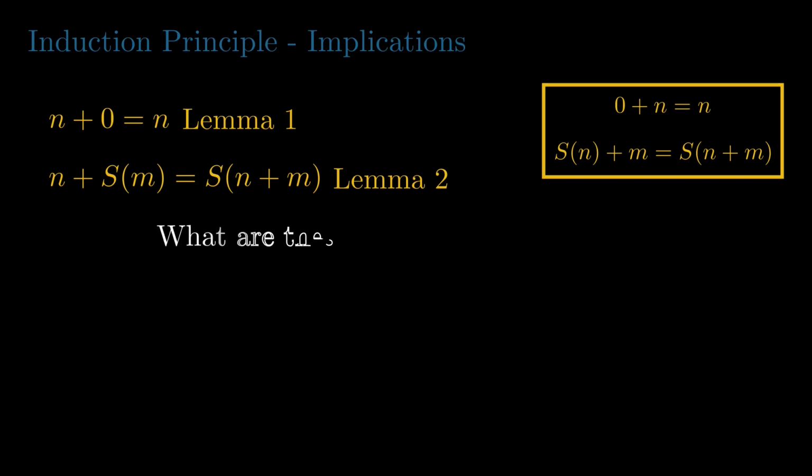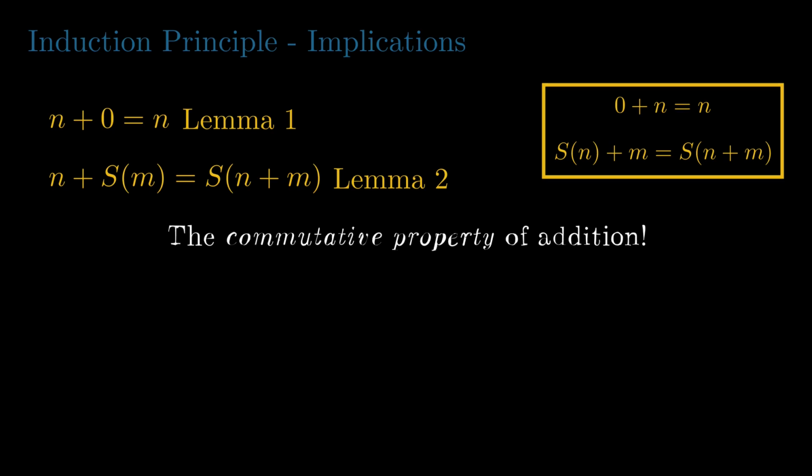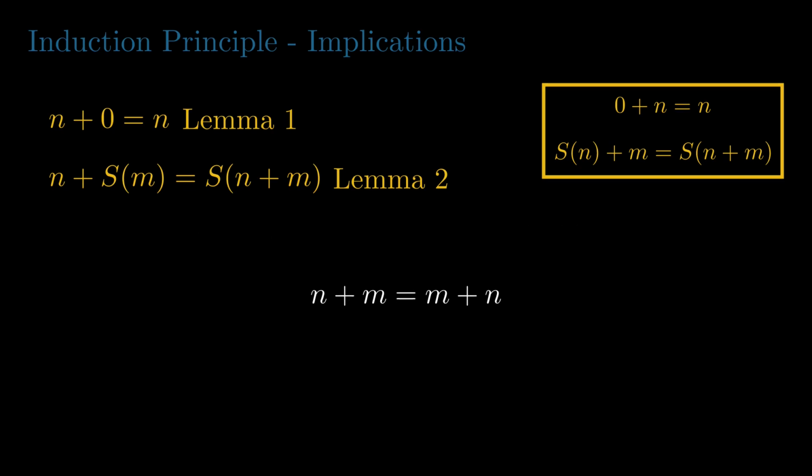So, what are these more important results? One of them is the commutative property of addition. Namely, it means we can commute or also invert the first and the second number in a sum. Let's prove this using the lemmas. As always, we start considering the case n equals 0, with the other natural number m fixed to a generic value.